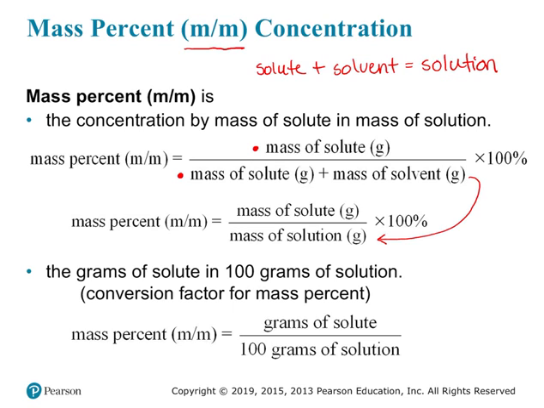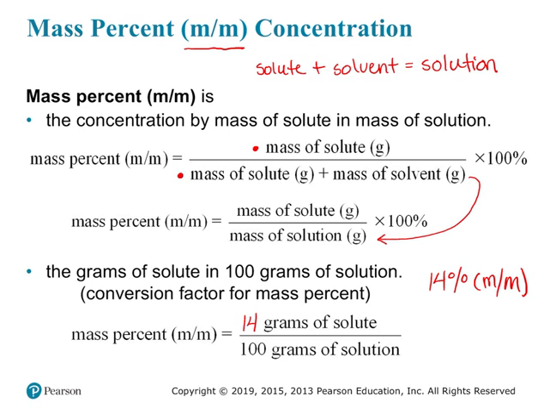And once we have a mass percent, we can also use this as a conversion factor. So let's say we're told that we have a 14% by mass solution of something. What we can do is convert that into a fraction. So we could say, oh, I have 14 grams of solute for every 100 grams of solution.